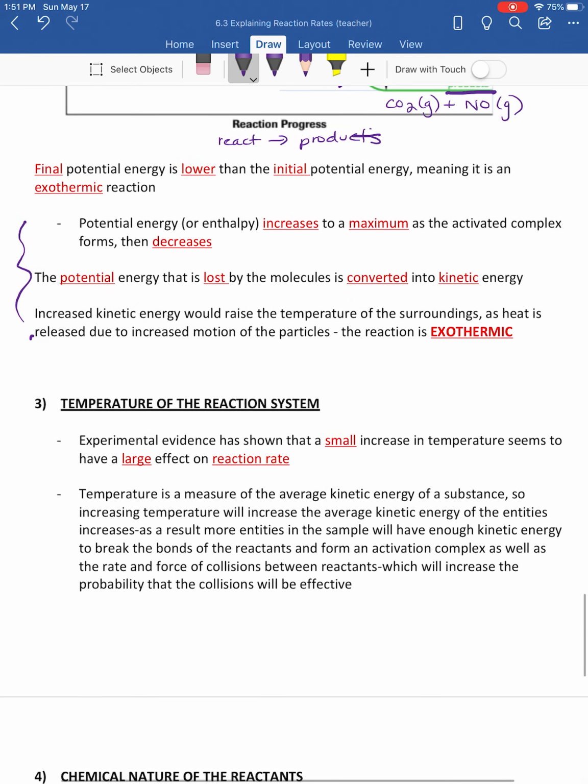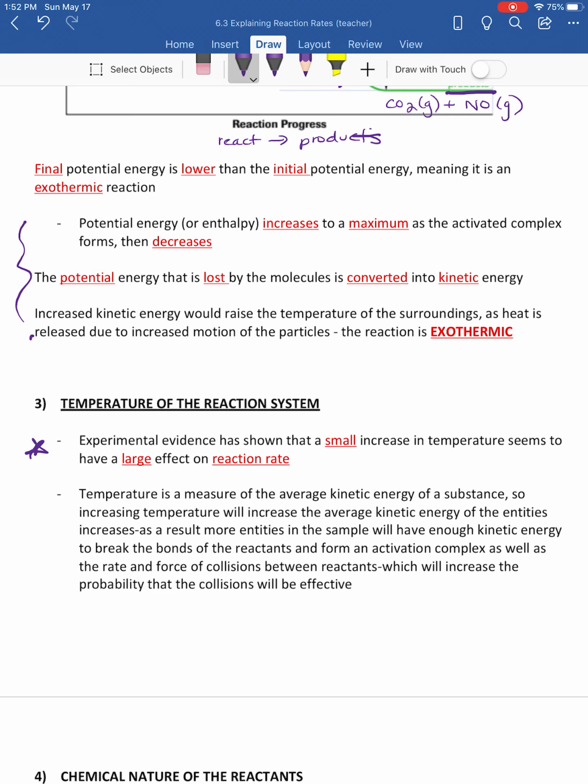Okay, and if you take a look here, experimental evidence has shown that a small increase in temperature seems to have a large effect on a reaction rate for those two reasons, because it affects both frequency and percent of effective collisions.